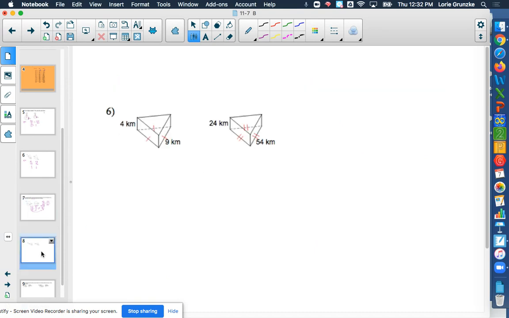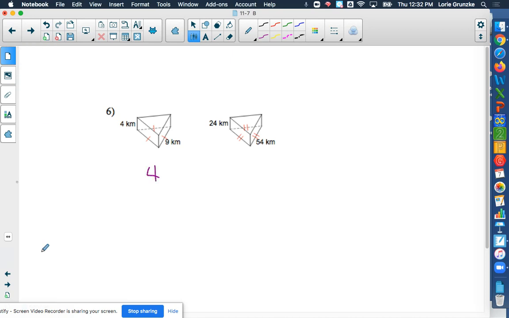Here we go. So you start with the scale factor. Now, if I chose height, that would be the 4 and 24. If I chose the length of this triangle on the base, it'd be 9/54. In my world, 4/24 is the easiest. You must reduce it. 1/6.